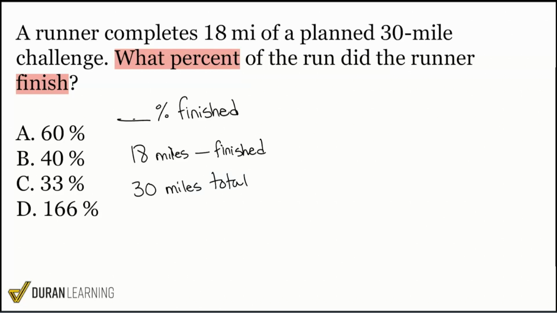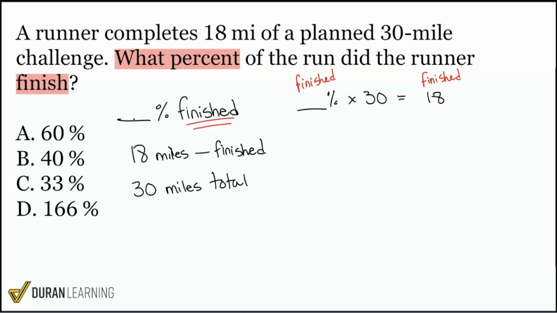So if we're setting up our equation for our percentage here, it is blank percent times the total of 30 miles equals what we finished. Again, because this percent represents what was finished. So what we have to represent as the result is the amount that was finished, and that is represented by the 18 miles that we've completed.